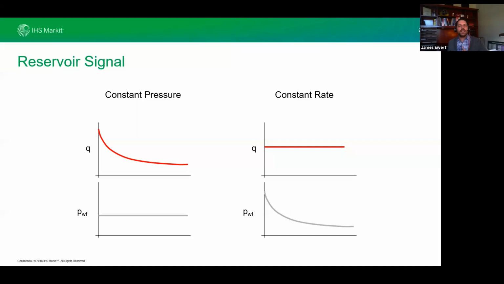If you told me, let's go for some tea at 9 o'clock, but you don't tell me where, once again, you've only given me half the story. That's why decline analysis, as we've talked about it, is so limited, because in many cases you're just getting half the story. So the reservoir signal is the time and the place. It brings everything together. It's a context for each other for us to understand what's going on. This is the building block for everything we do in rate transient analysis, the reservoir signal.